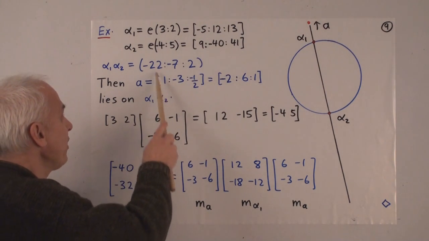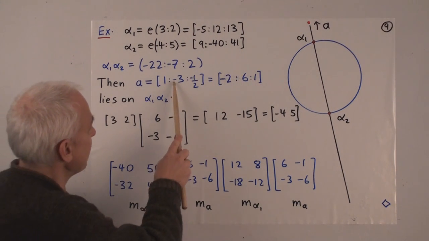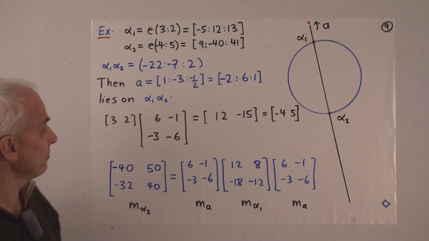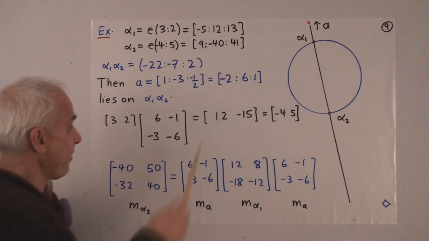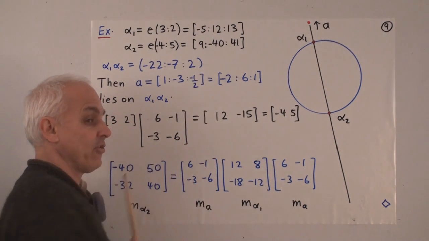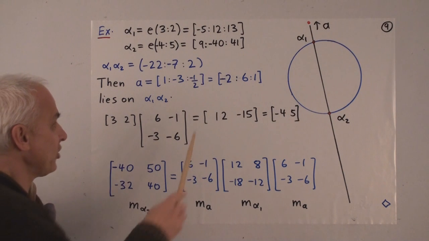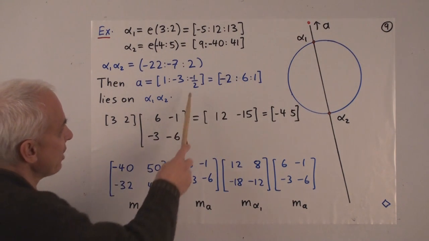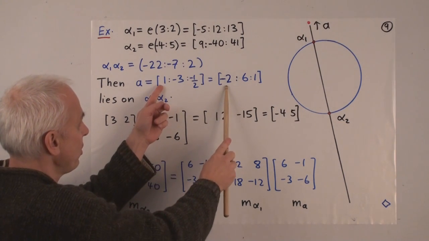So let's say this is 1, so 1 times minus 22, that's minus 22, and then let's say minus 3, so that this times this will be plus 21. So that's a total of minus 1 so far. And then we want minus this times this to be equal to 0 altogether. So this should be minus 1/2. We can multiply by 2 because it's just a proportion, giving us minus 2.